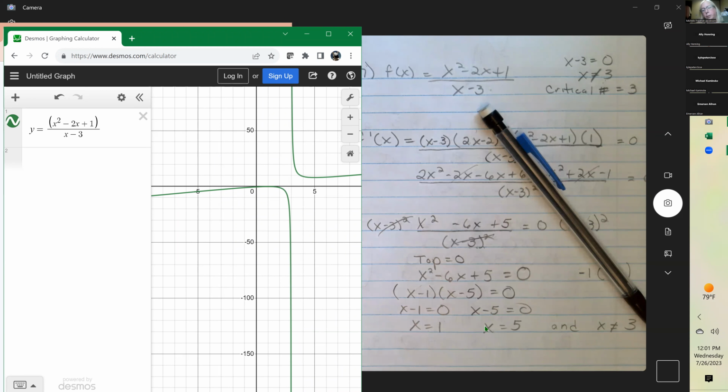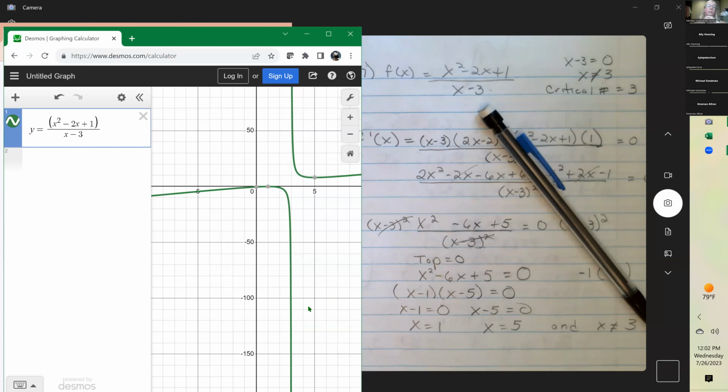Now, these two, the relative, this would be a relative min because everything is below it. Well, sorry, this one's a max and this one's a min. But you're not going to find your y values without plugging in. Oh, we can find the one, but we can't find the other one.